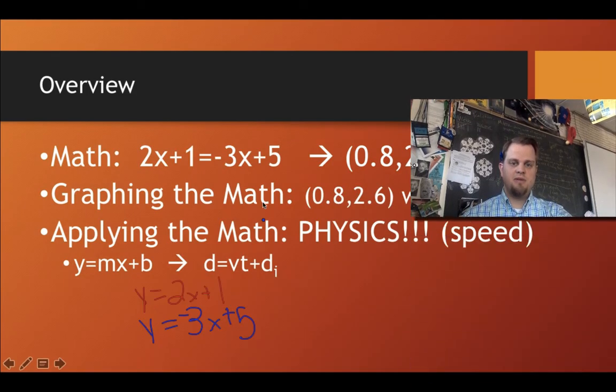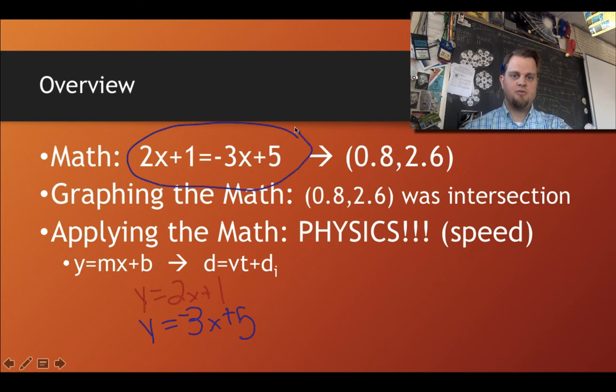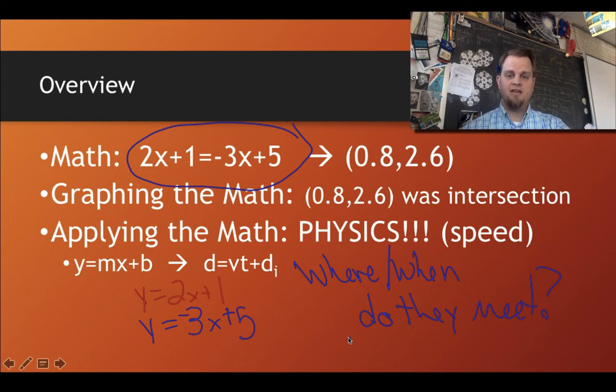We found out by setting them up like this, we were basically asking the question, where and when do they meet? That's it. That's all we were doing. And we found out that since x is 0.8, the time is 0.8 seconds, and the position was 2.6 meters.